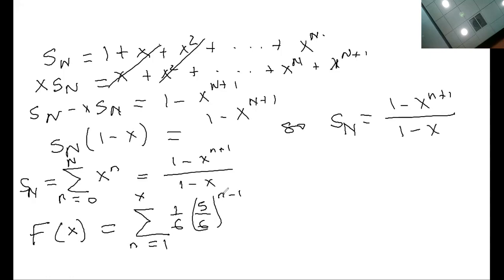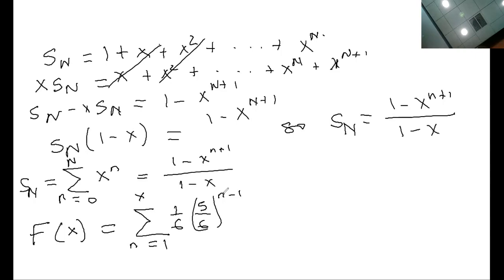This is the capital F of x, which is the cumulative distribution at x. So the difference between S_n and capital F of x, I want you to observe that. X for us here is 5/6.